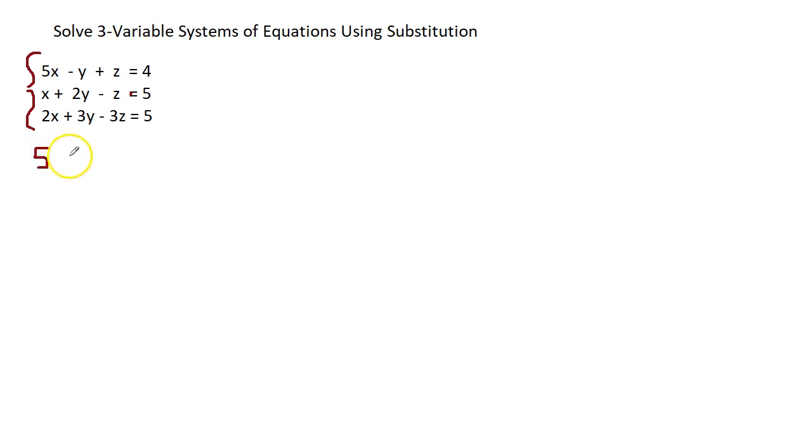So if I have 5x minus y plus z equals 4, I am going to subtract 5x from each side. I am going to add a y to each side.